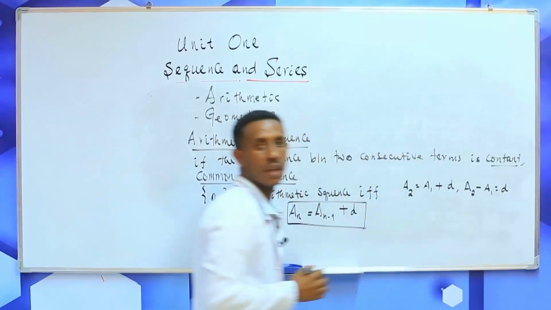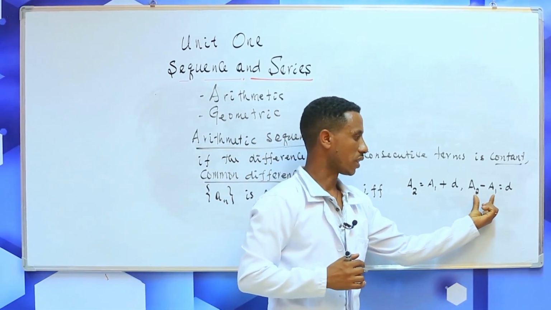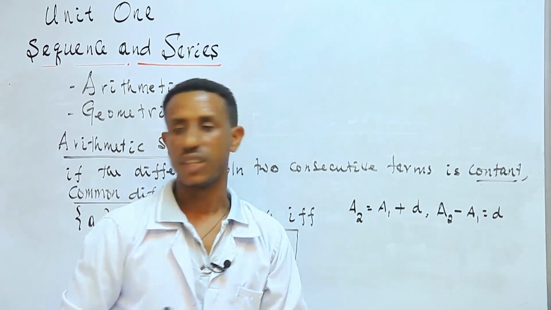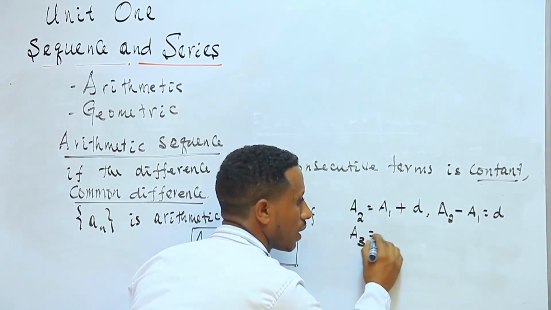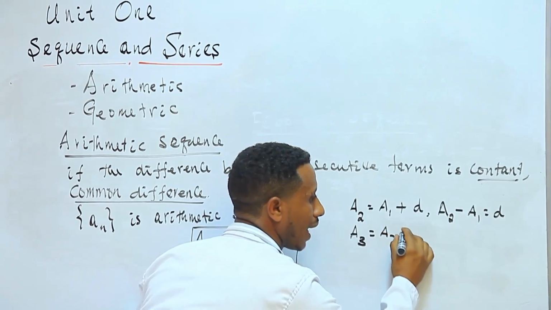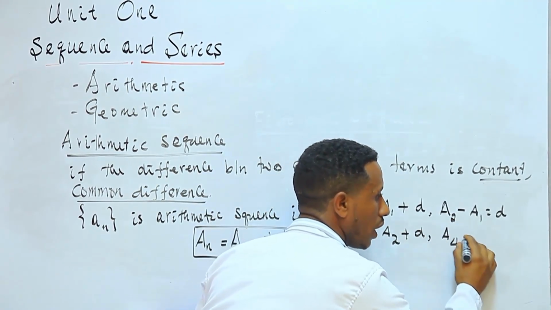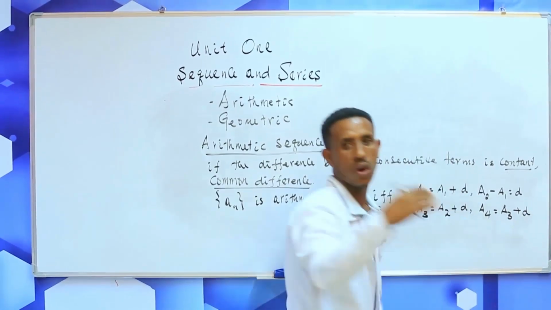D is the difference between two consecutive terms of the sequence. And A3 is A2 plus D. The same is true for A4: A4 is also A3 plus D, and so on.